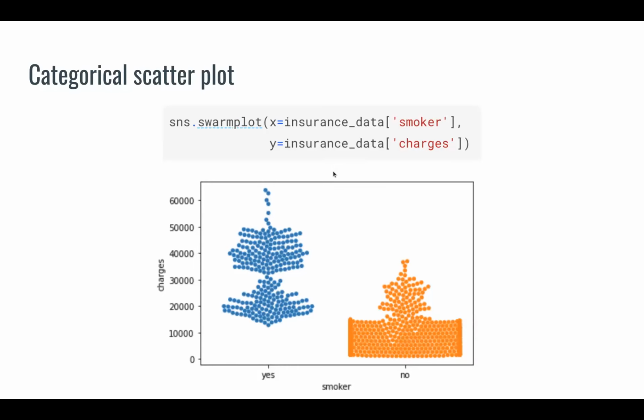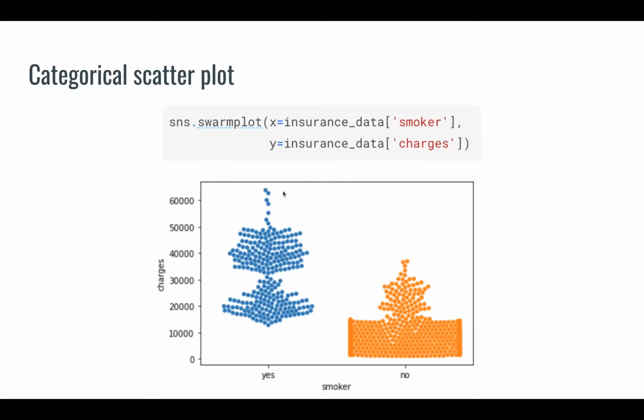Finally, there is one more scatter plot that you will learn about that might look slightly different from how you're used to seeing scatter plots. Usually we use scatter plots to highlight the relationship between two continuous variables, like BMI and charges as you saw.